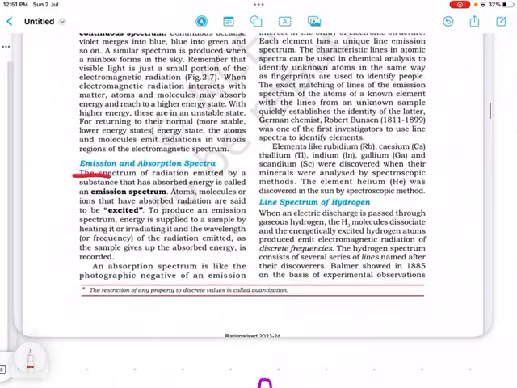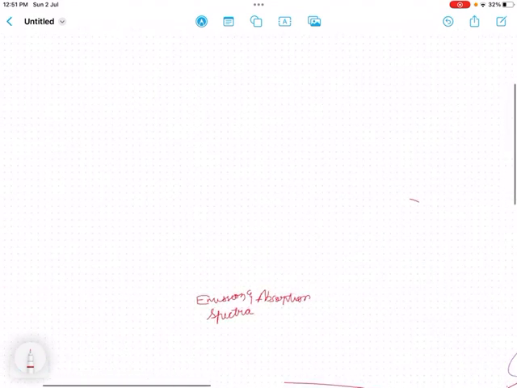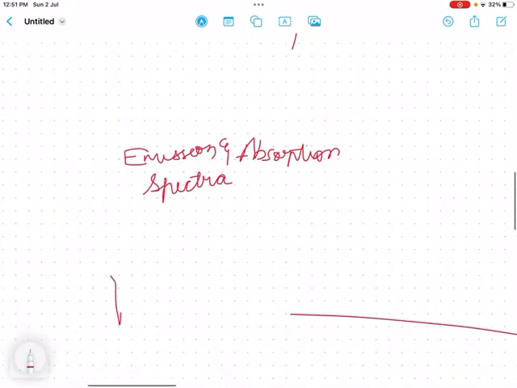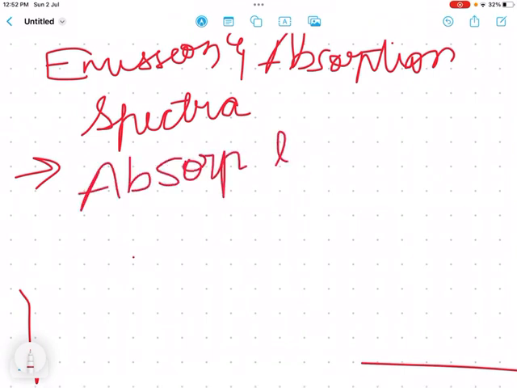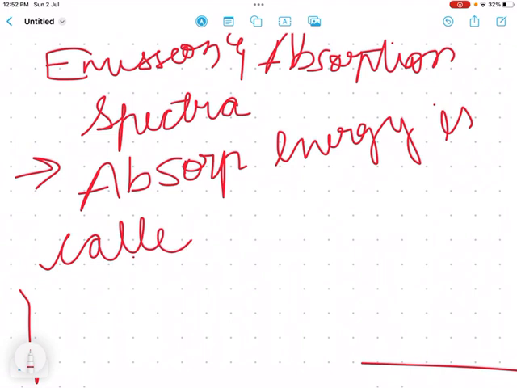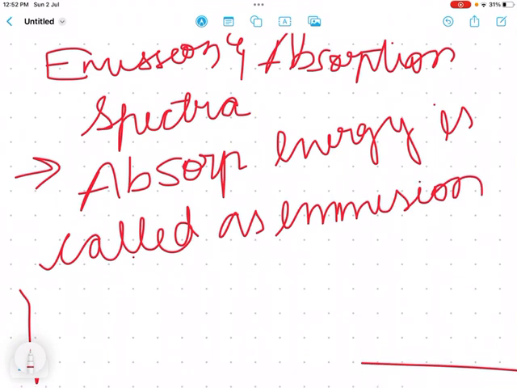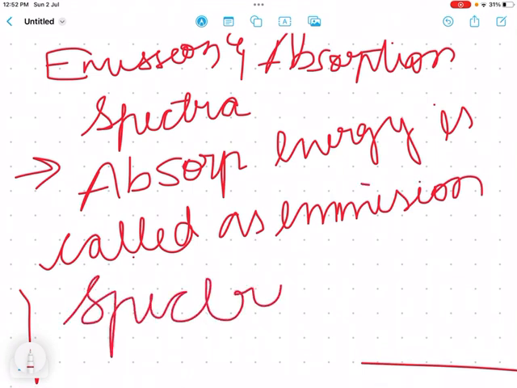The spectrum of radiation emitted by a substance that has absorbed energy is called an emission spectrum.